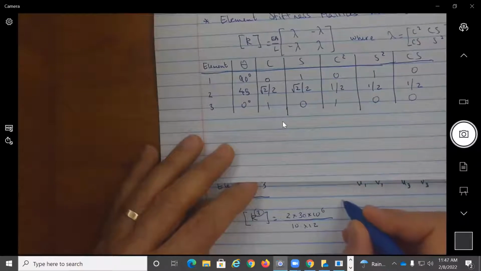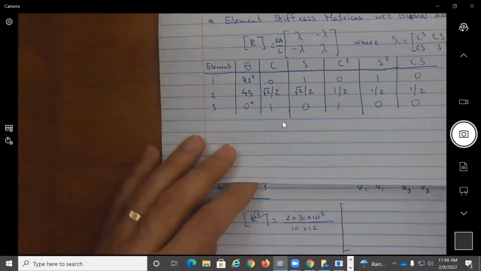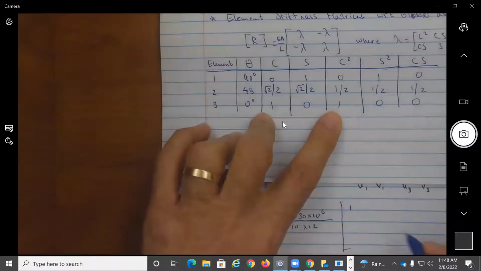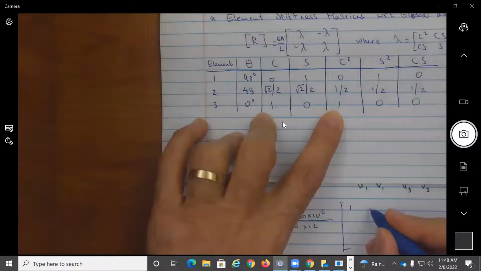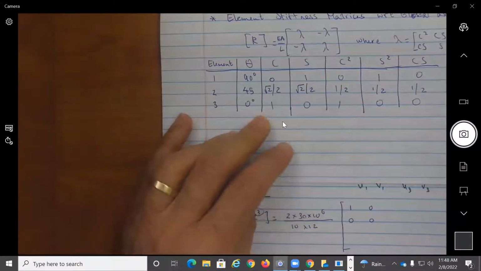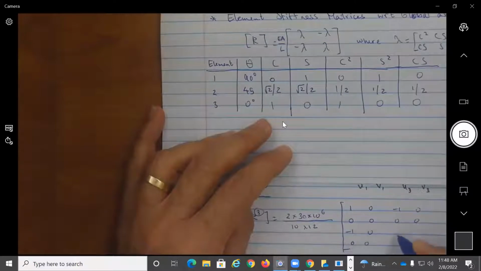And then I'm going to put my stiffness matrix. Cosine squared is a 1. Cosine sine is a 0. So I have a 0, and sine squared is a 0. So here we have a minus 1, 0, 0, 0, minus 1, 0, 0, 0, 1, 0, 0, 0.